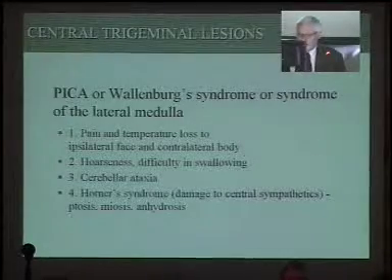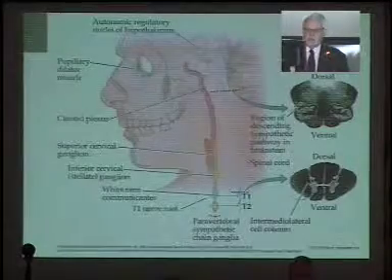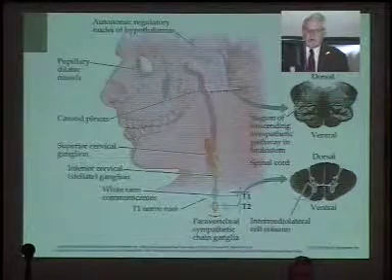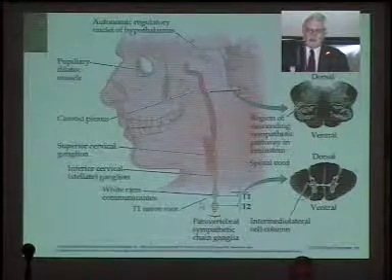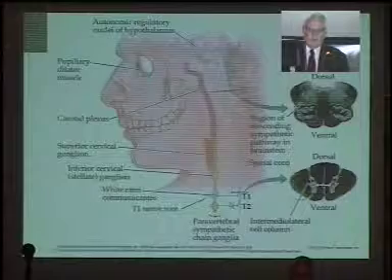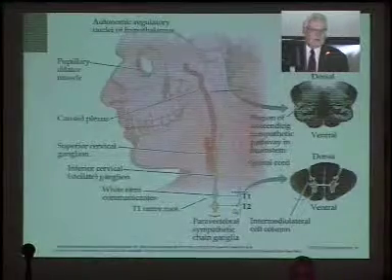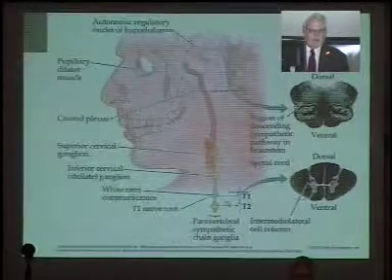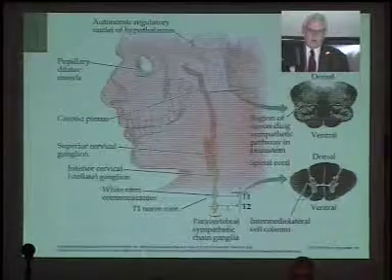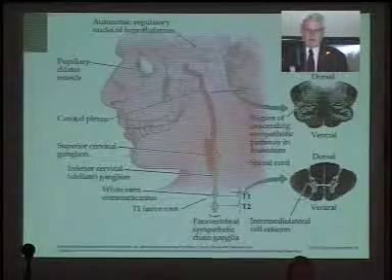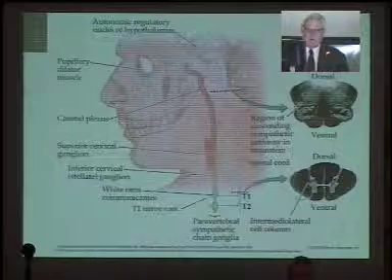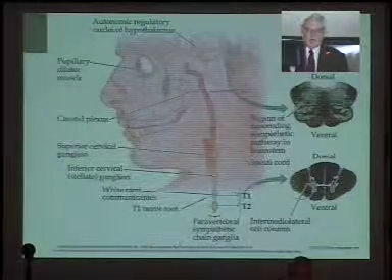For what other reason might we get a Horner syndrome? We could get it due to a tumor in the apex of the lung right next to the sympathetic trunk here. You could have dissection of the carotid artery due to an aneurysm here.